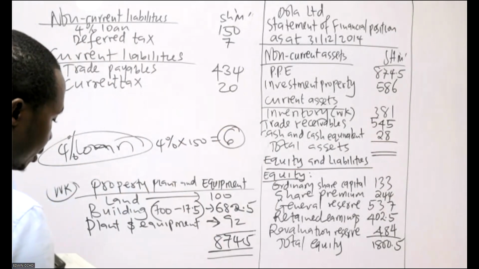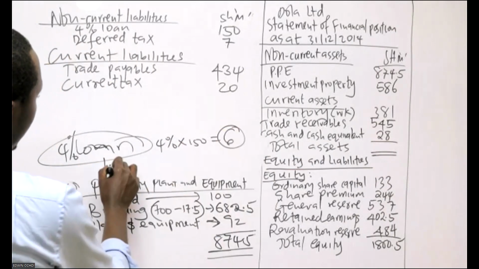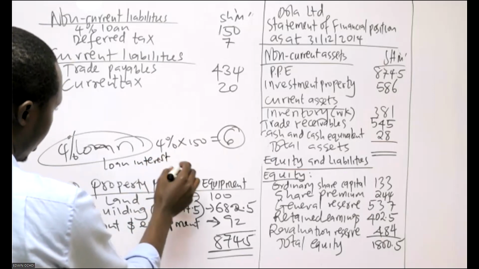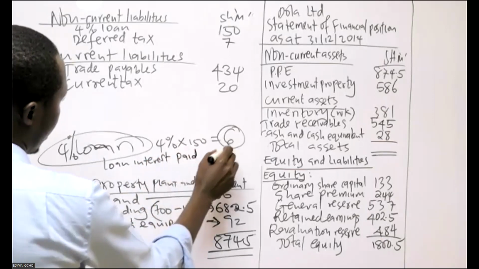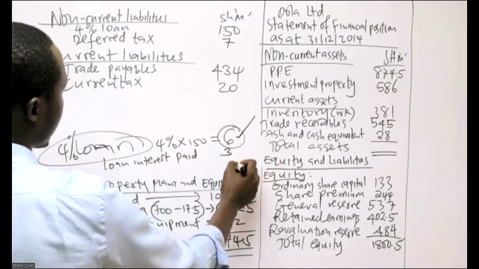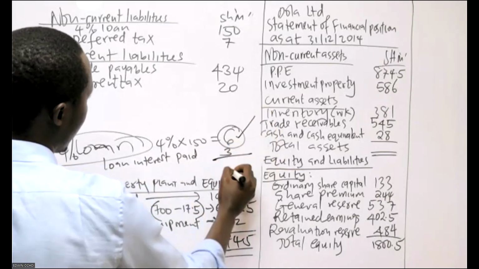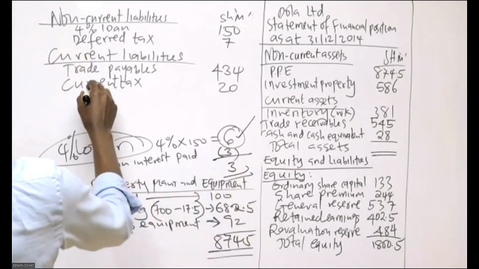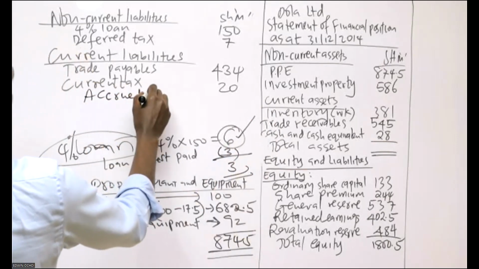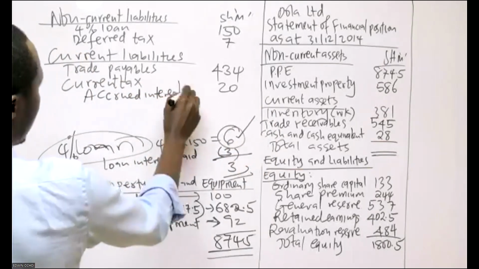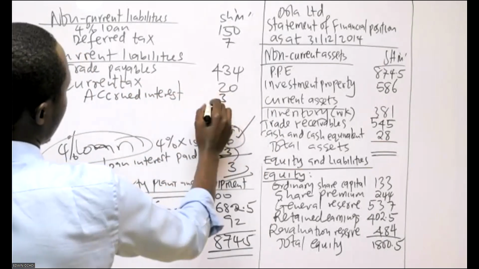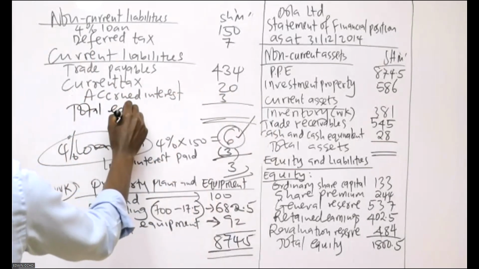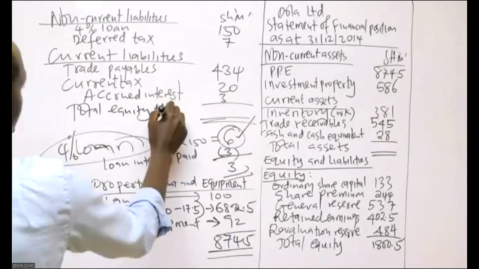But if you check the first item, there's loan interest paid. That is the second item in the trial balance, loan interest paid of 3. Out of the 6, 3 has been paid. So meaning that the one which accrued is 3. So accrued interest on the loan is 3. Total equity and liabilities.